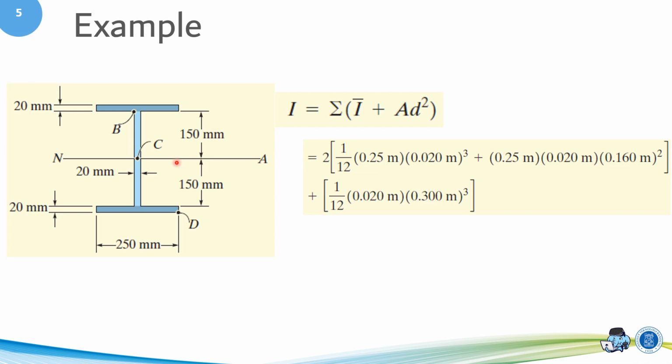In this case, the distance is 150 millimeters plus 20 millimeters divided by 2, which is 160 millimeters. That's why we can then calculate the moment of inertia of the whole shape using this equation, and the result is this one.